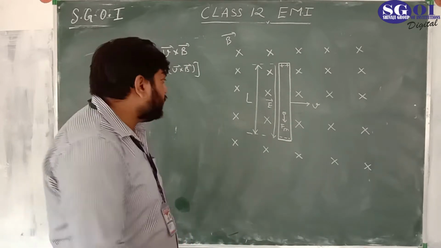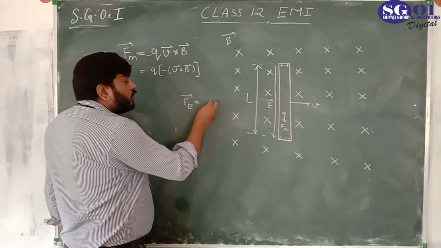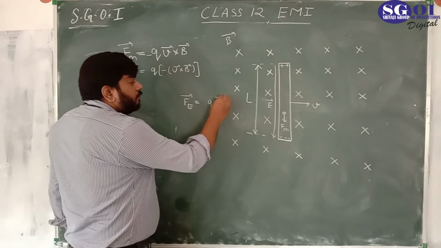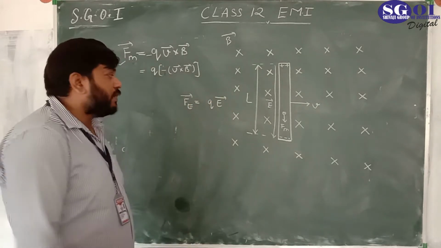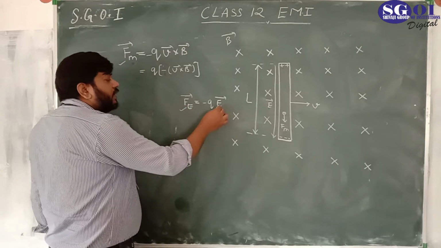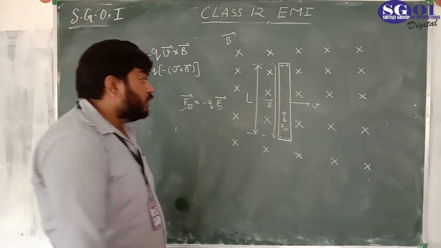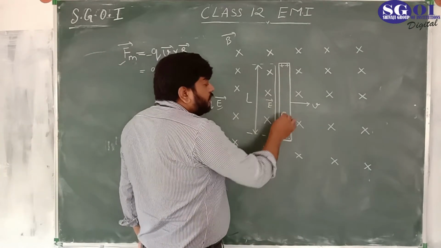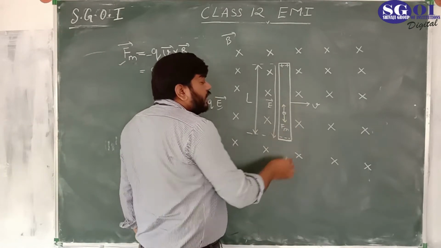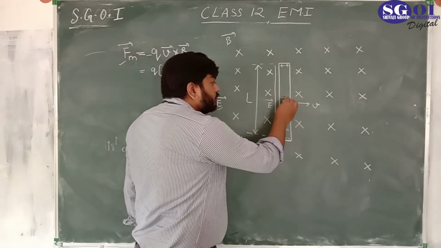But in which direction? We know that F_E equals qE. But q is minus q here because it is an electron. So the direction of the electric force is opposite to the direction of the electric field. So the electric field in this direction means the electric force starts applying in the upward direction. This is the electric force.